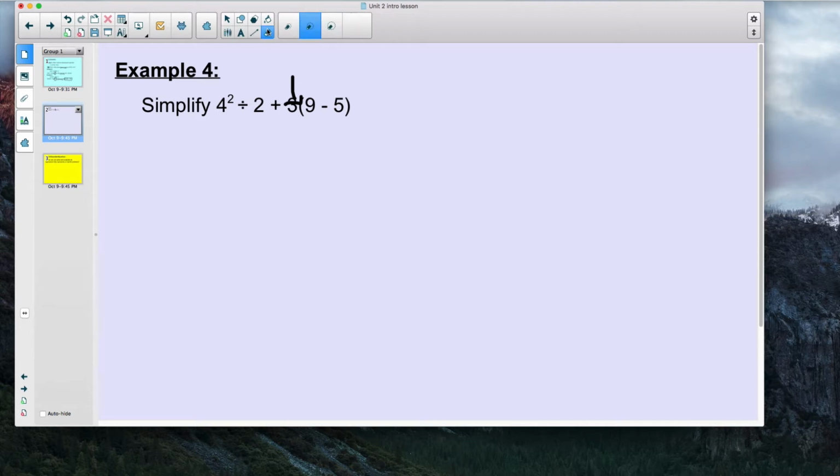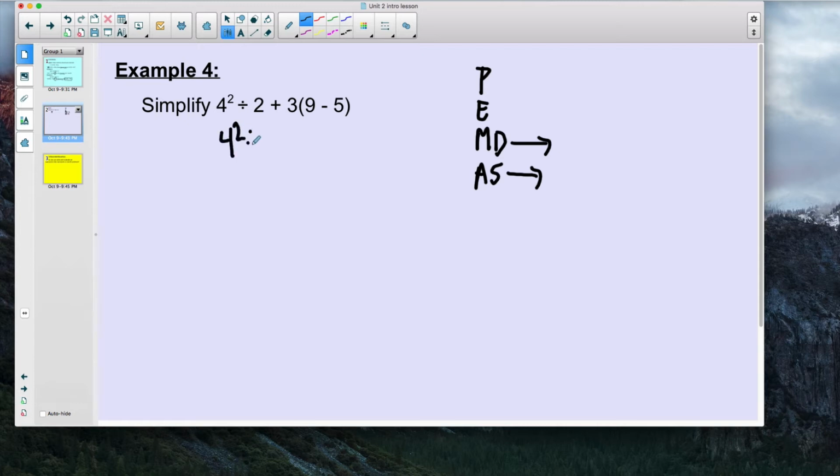If I'm following my order of operations, remember PEMDAS, or please excuse my dear Aunt Sally: parentheses first, then exponents, then multiplication or division from left to right, and then your last step is addition or subtraction from left to right. In this one, parentheses, yes, so let's do that first.